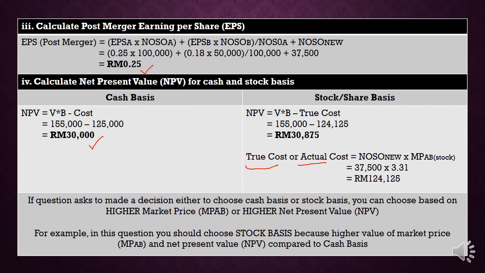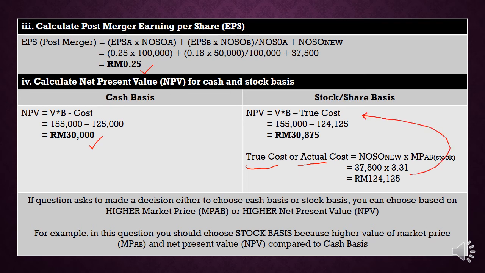So NOSO new is given at 37,500 times MPAB stock, which is the answer from question number 2, equals 3 ringgit and 31 cents. So the amount of true cost is 124,125.